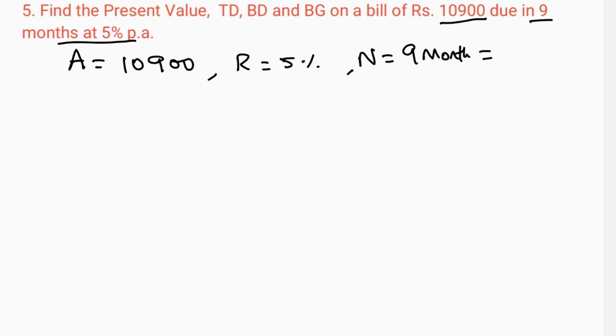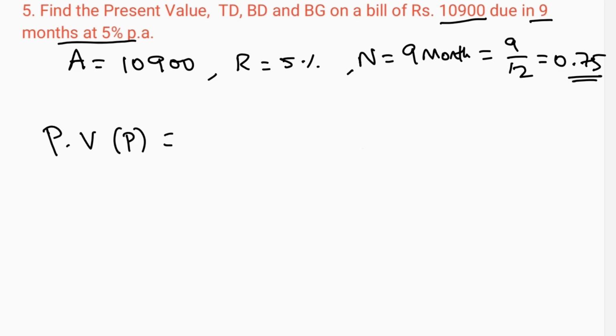In 9 months, as I said, you have to convert that into years, so it becomes 0.75 years. Now you already know the formula for present value. Present value, that is P, will be found using the formula 100A divided by 100 plus NR.